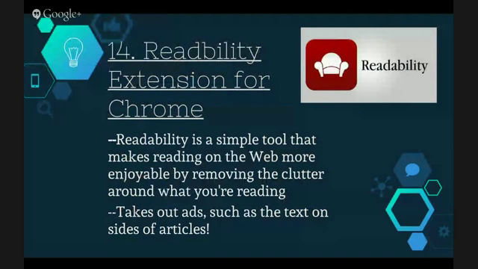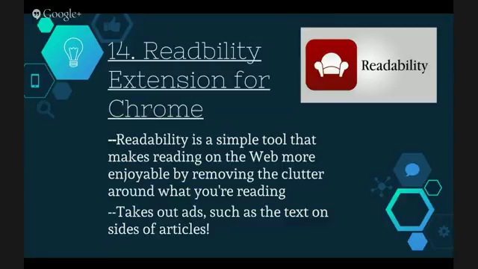Okay, number 14, the readability extension for Chrome. This is a simple tool that removes all the clutter on the side of web pages. So when you're reading an article and you see ads on the left and links and pictures on the right, what this does is it focuses on the text in the center and gets rid of all of that clutter.